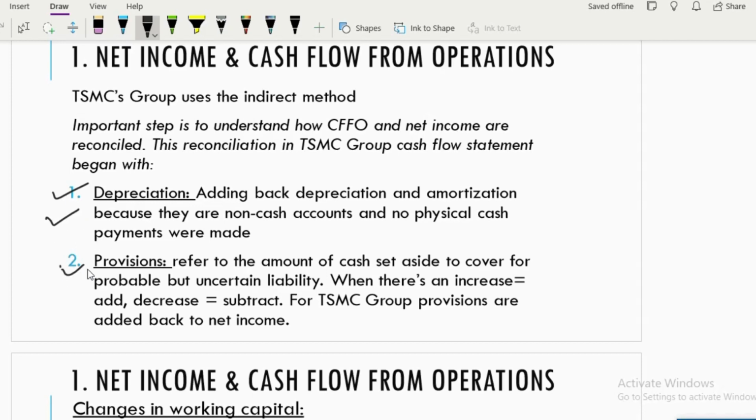A provision is basically money which you set aside for future liabilities, but you are uncertain about them. So you subtract these provisions in your income statement. When there is an increase in the provision, you are going to add it back to remove its effect from the income statement, and when there is a decrease in the provision, you subtract it. So these are the two basic non-cash items which can affect your cash flow statement.